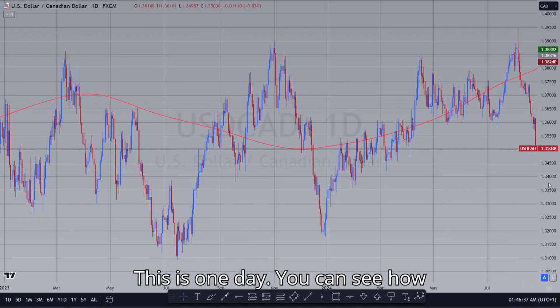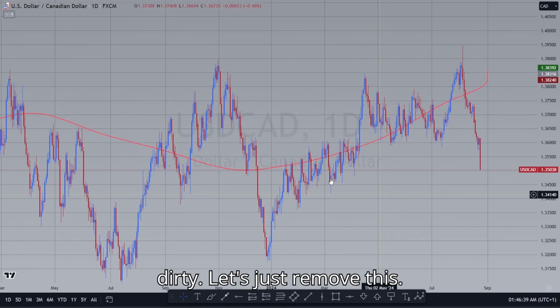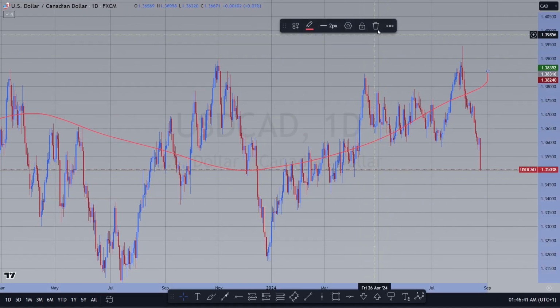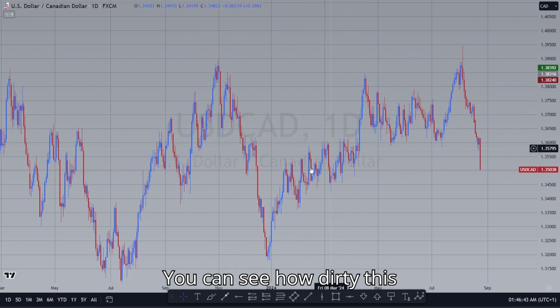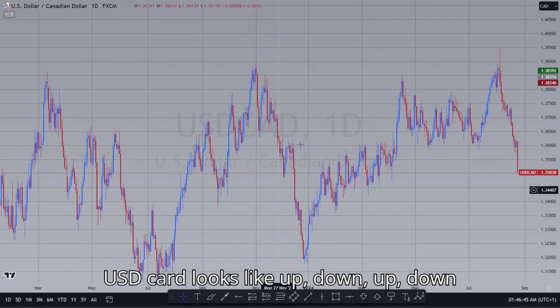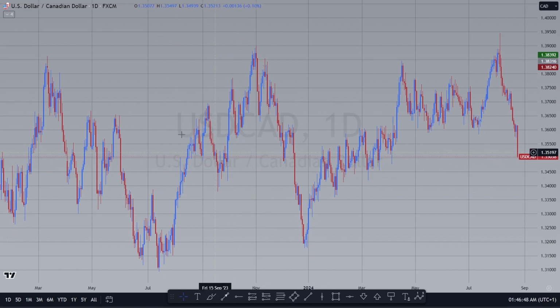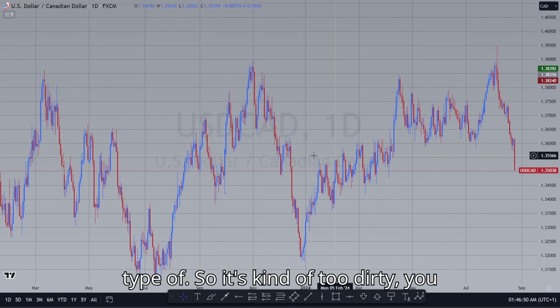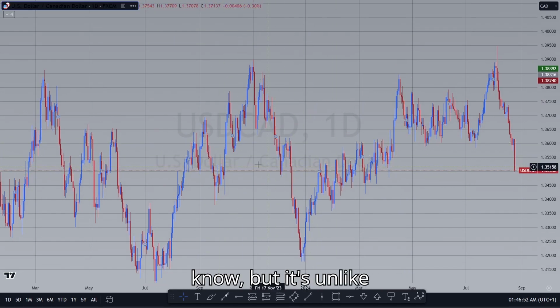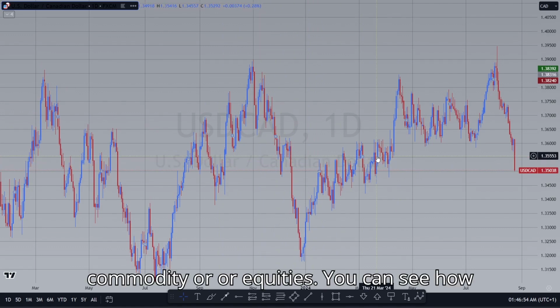This is one day. You can see how dirty this USD/CAD looks, up and down, kind of too dirty, unlike commodities or equities.